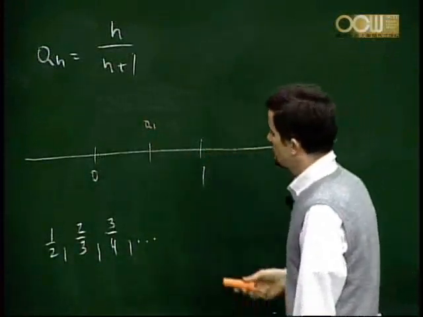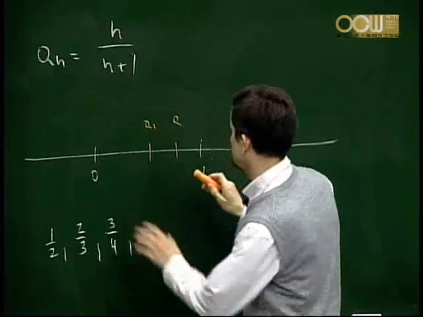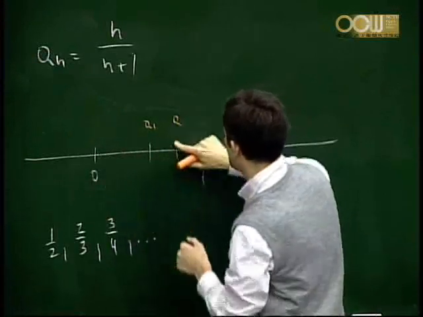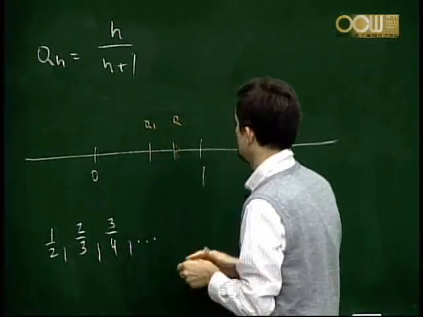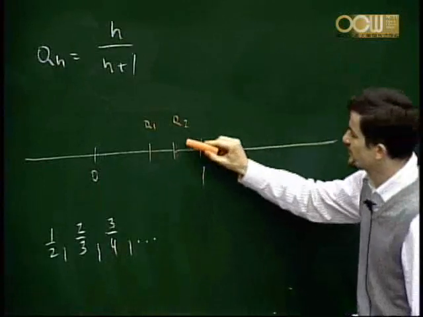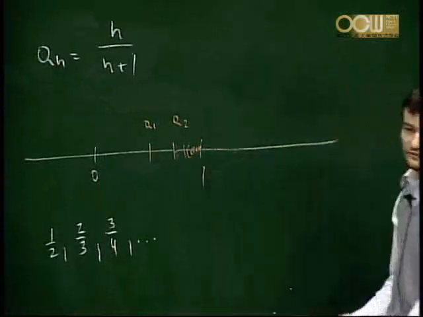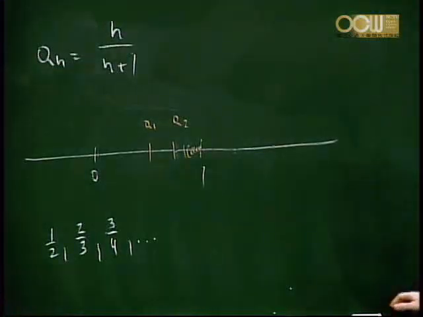Then the next one will be closer to 1. And if I really plot the terms, I will get closer and closer to 1. So it seems like this sequence, as n tends to infinity, approaches 1.